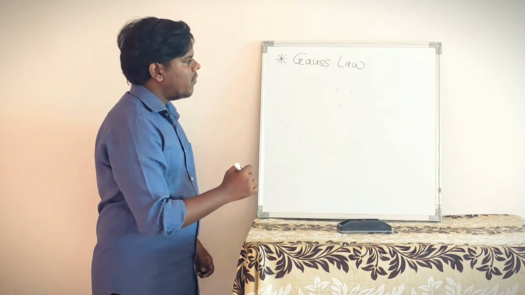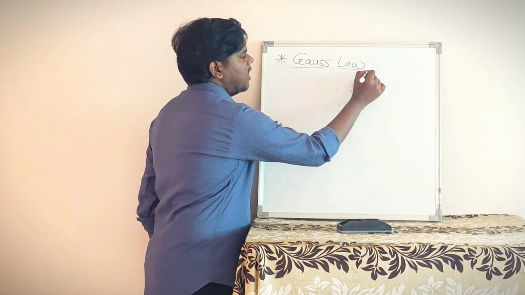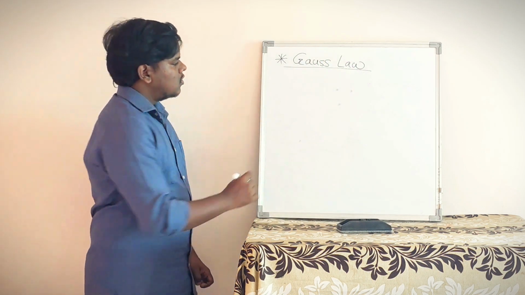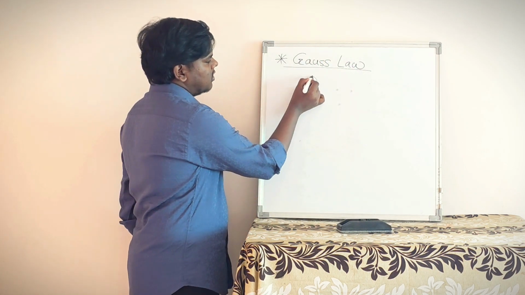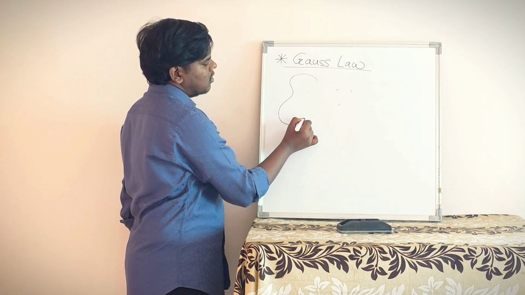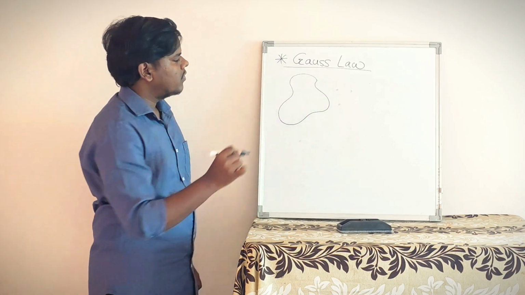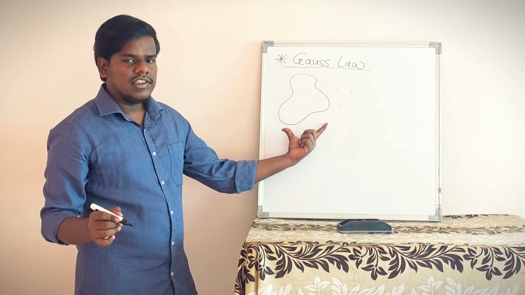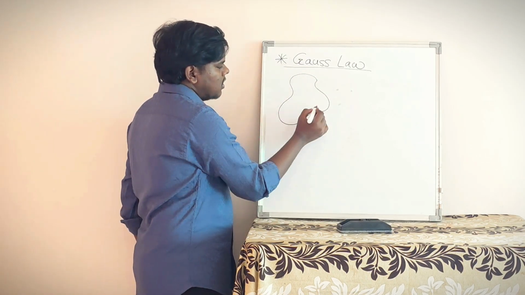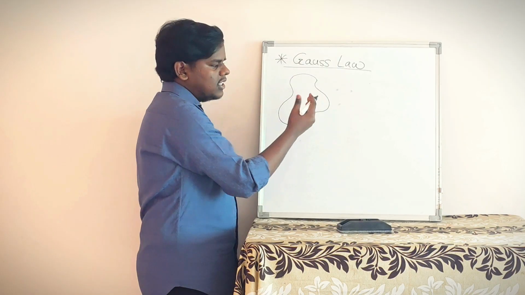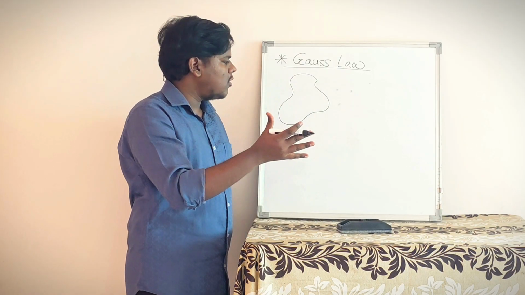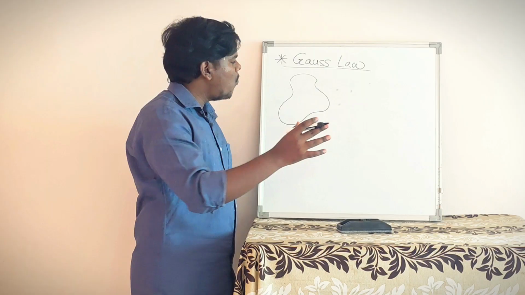What is the statement of Gauss law? Let's say there is a closed surface. Closed surface means 3D objects like a sphere or cube.